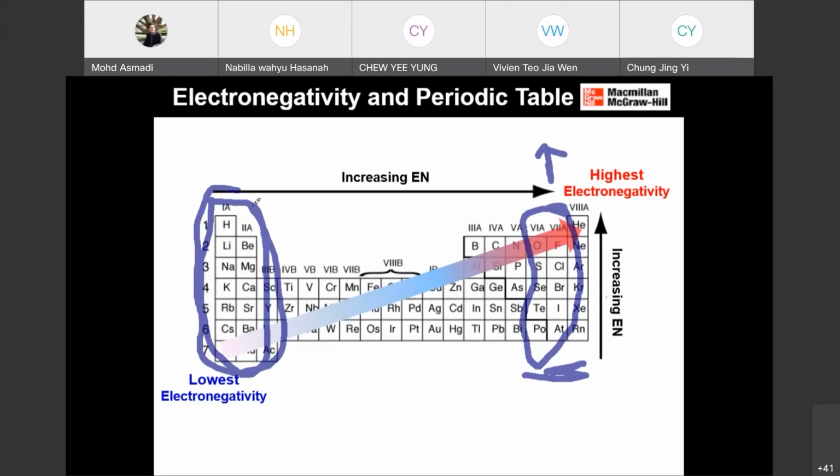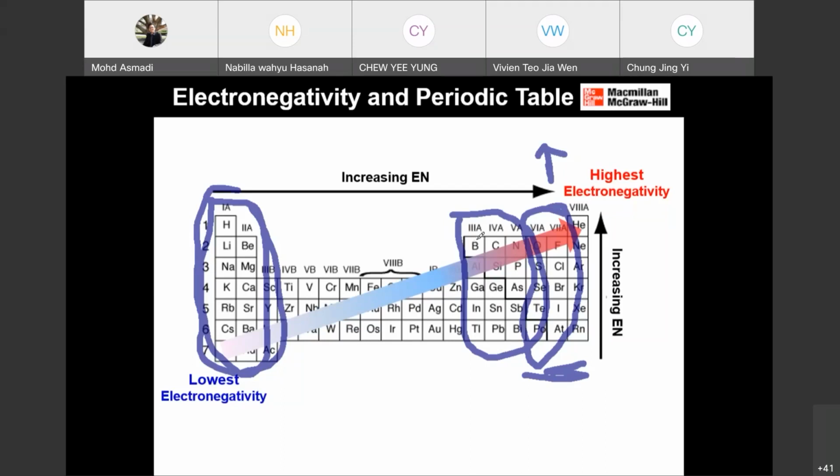Okay, what else? Metalloids. Metalloids are 3A, 4A, 5A. This one is metalloids. They can behave like metal or non-metal. Boron, carbon, aluminum, silicon. So these have an intermediate electronegativity.